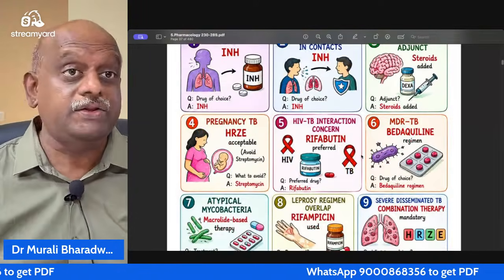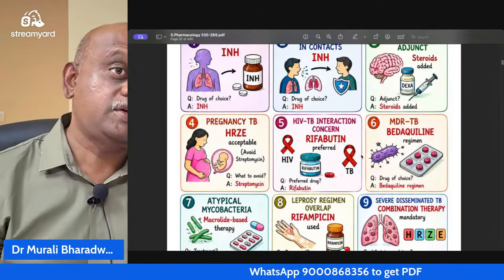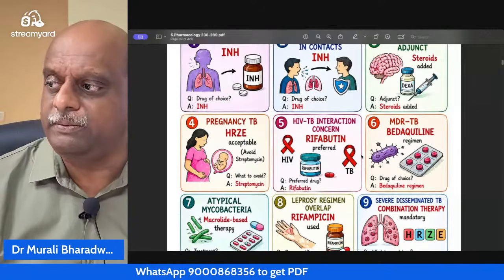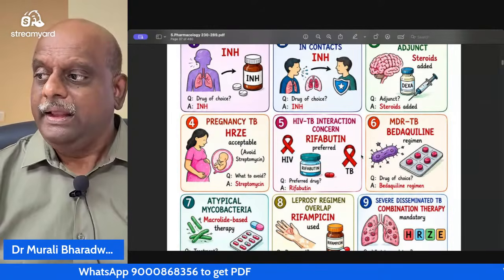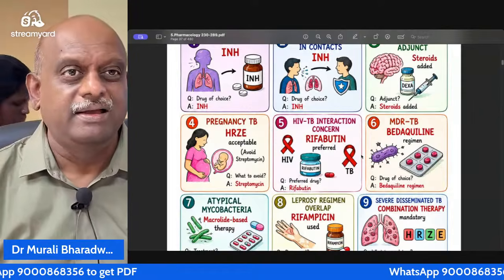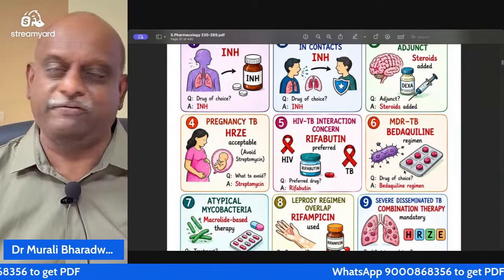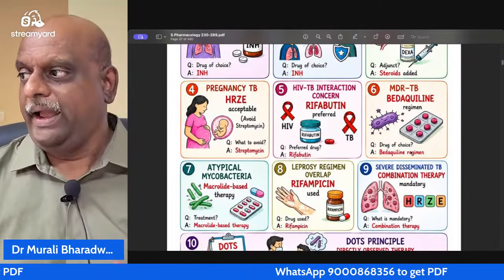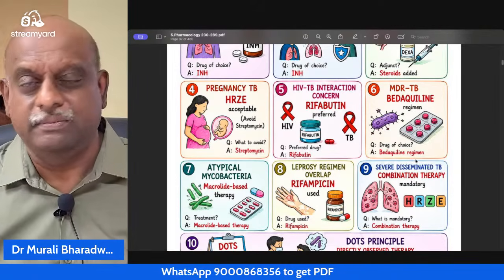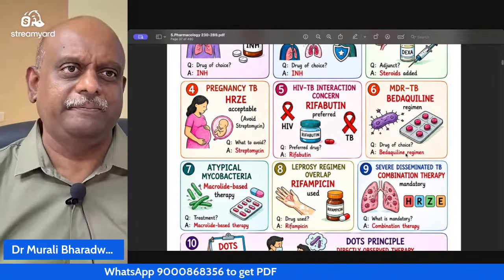And in pregnancy, can you give HRZE? Yes, sir, safely. Only you have to avoid streptomycin. Then whenever an HIV patient has TB, rifabutin is the one which is preferred. And in MDR TB, it is the bedaquiline regimen which is preferred.